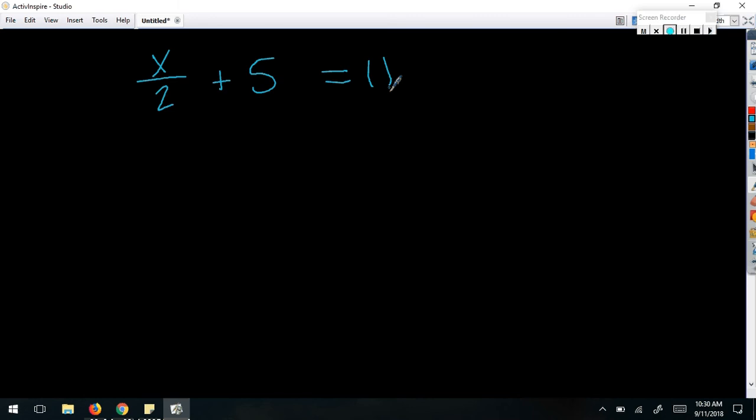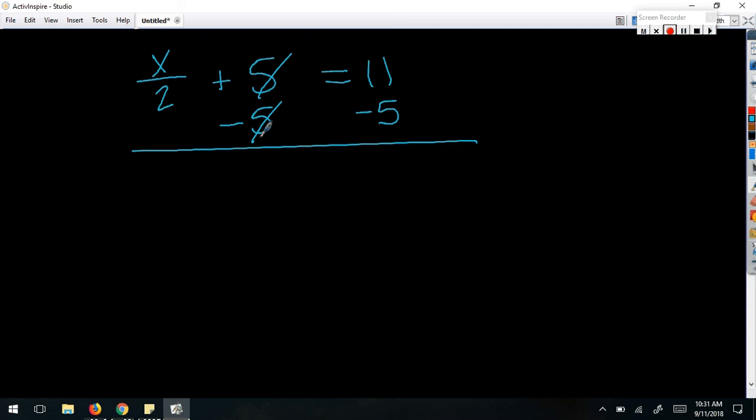What do I do first? The addition. So how do I get rid of addition? Subtraction. So what am I subtracting from both sides? 5.